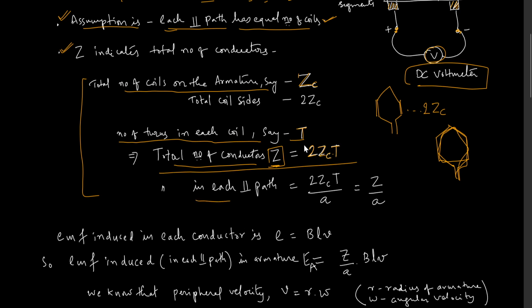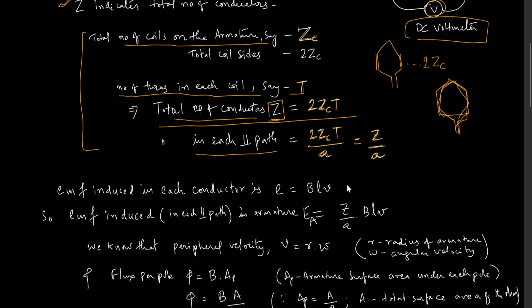Now the number of conductors in each parallel path will be 2Zc T by A, or simply Z, the total number of conductors, divided by the parallel paths.